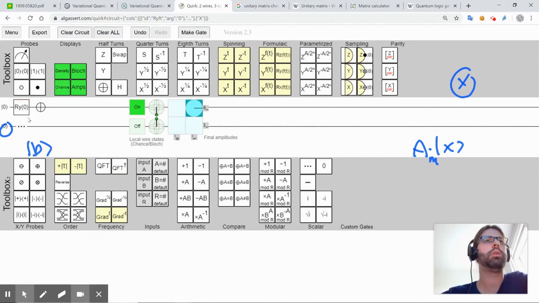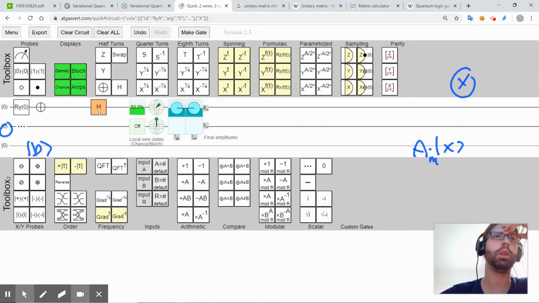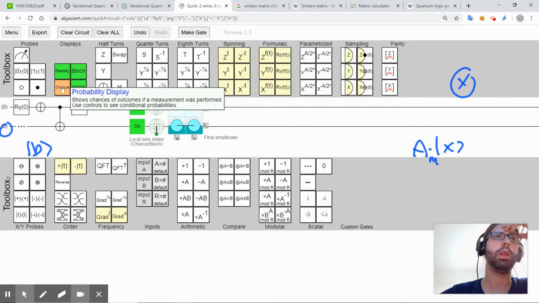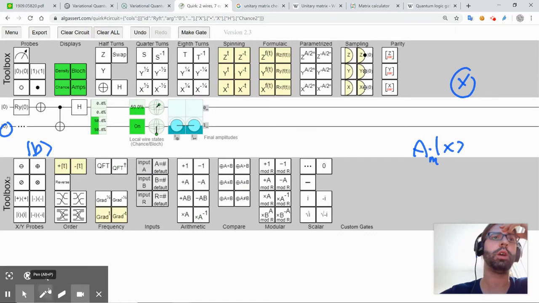And now I'm supposed to do the Hadamard test, which was basically a control knot like these, and then checking the chance display. And so this will be 0, because the way the Hadamard overlap test works is you kind of get these, so you do this plus this minus that.